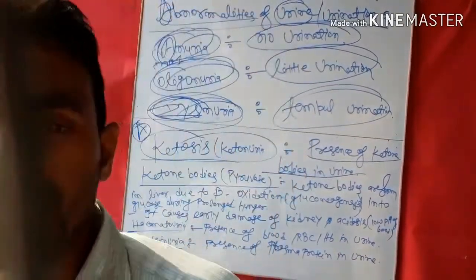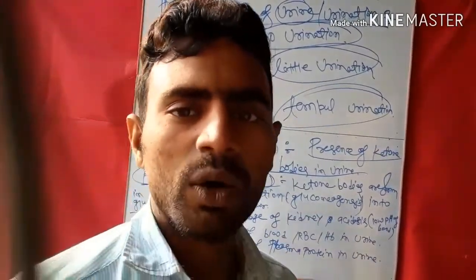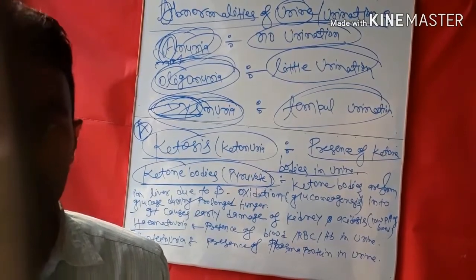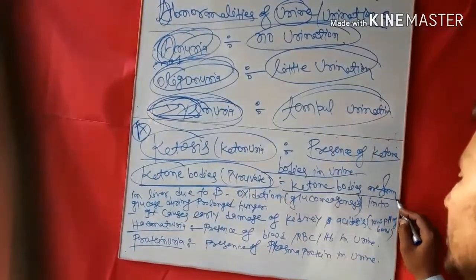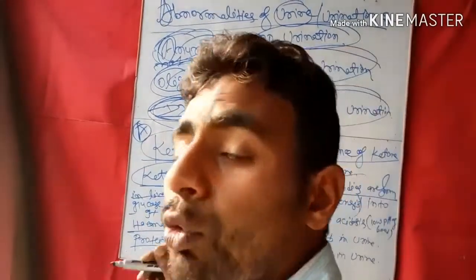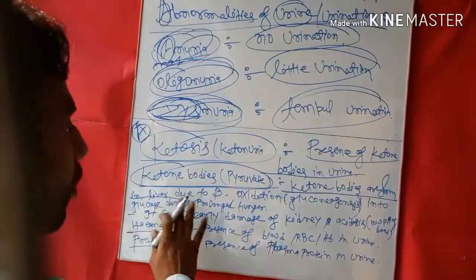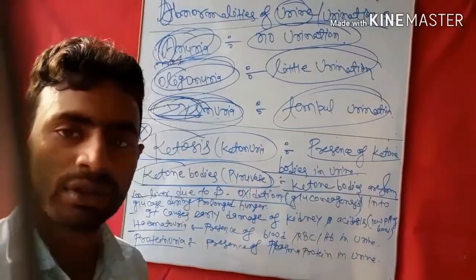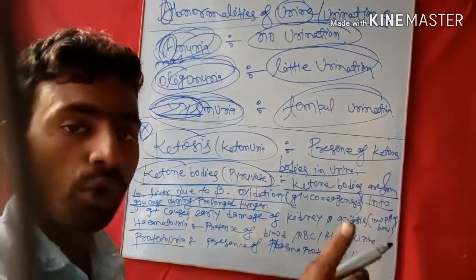Okay, next, the ketone bodies. What happens here? Ketone bodies are formed in the liver due to beta oxidation, into glucose during prolonged hunger.